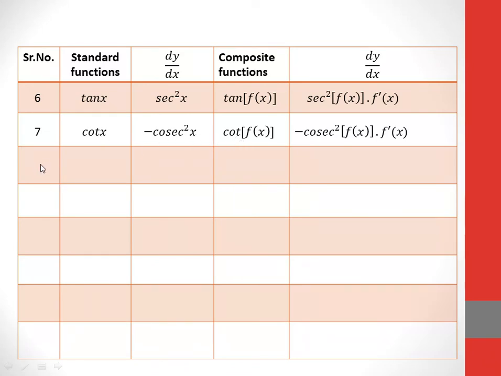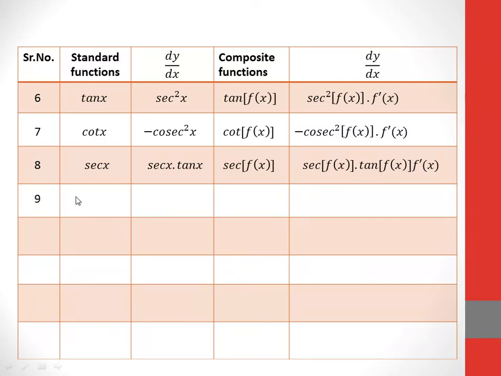Next one, if it is sec x, then its derivative is sec x into tan x. Now in place of x, if there is f of x, meaning sec f of x, then it will be sec of f of x into tan of f of x into f dash x. So this is the chain rule.